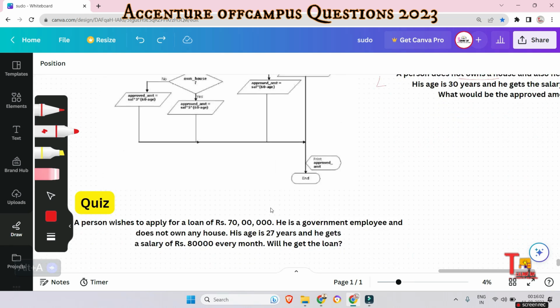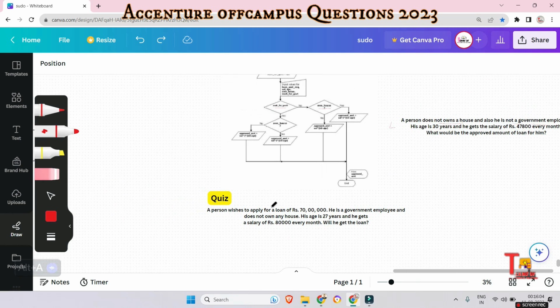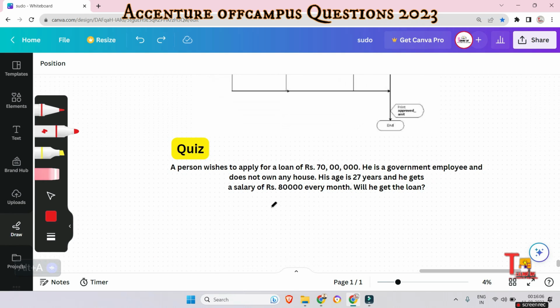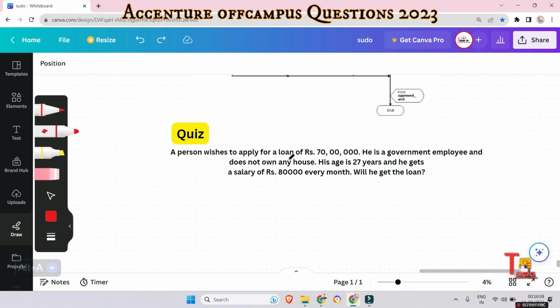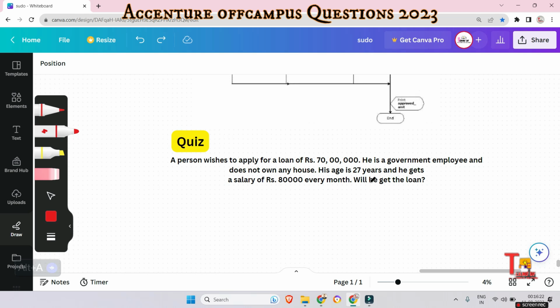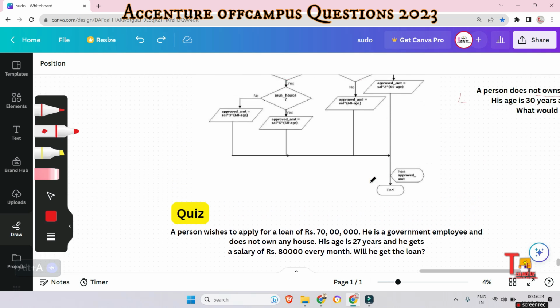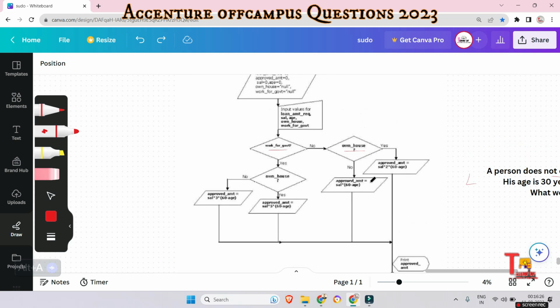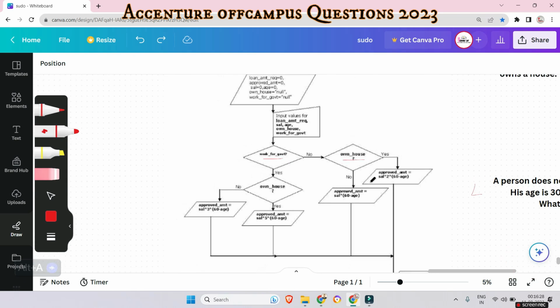Okay. The next problem is for you. Please solve the question. A person wishes to apply for a loan of rupees 70,000. He is a government employee and does not own any house. He is 27 years old and he gets a salary of rupees 80,000 every month. What will be the amount he will get? Just see the picture and try to solve the problem.